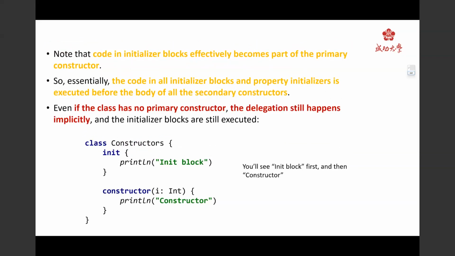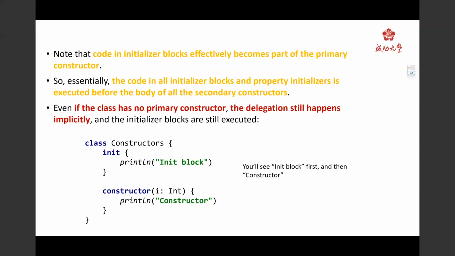That means the code in all init blocks and property initializers is executed before the body of all the secondary constructors. And if the class has no primary constructor, the delegation still happens implicitly, and the init blocks are still executed.